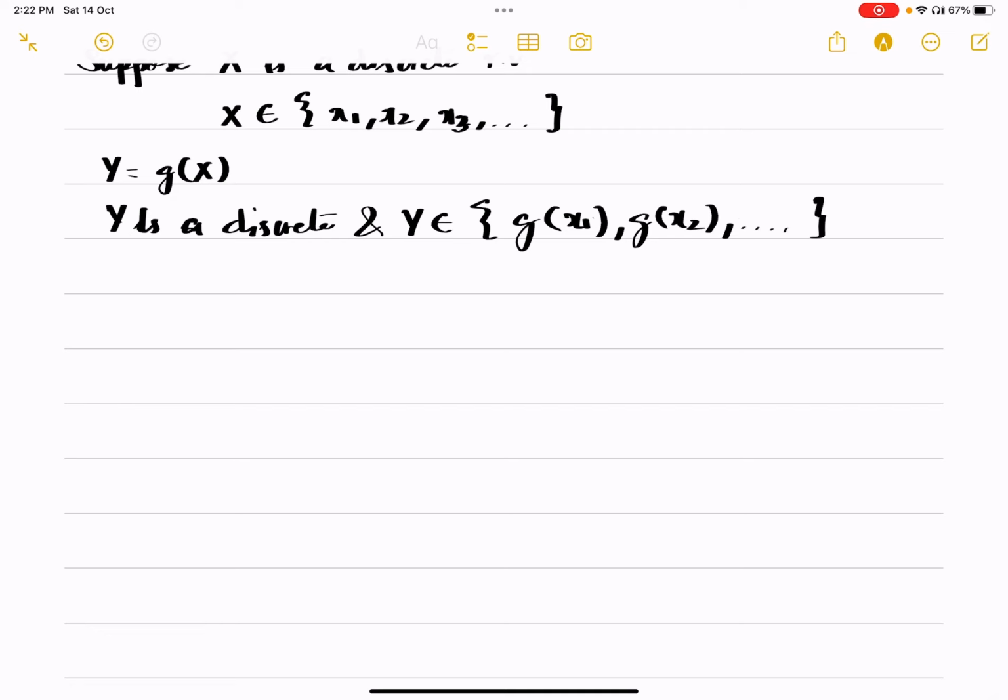etc. Here there's a slight abuse of notation. Normally when we write random variables, we write them in increasing order, like 1, 2, 3, etc. So here it's not necessary that these g of x1, g of x2 are in increasing order, or that they are distinct.